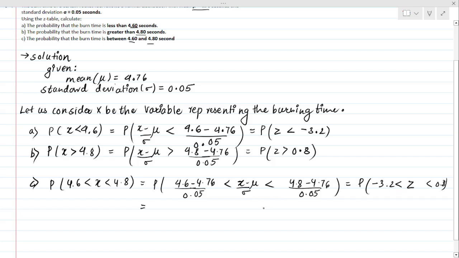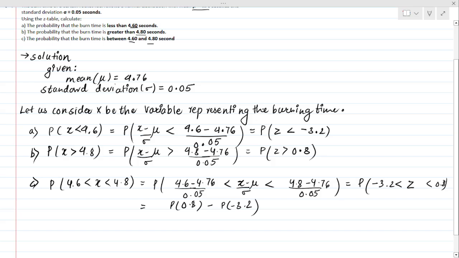If you write this in this form, you get P(z less than 0.8) minus P(z less than minus 3.2). So this is the answer that we get.